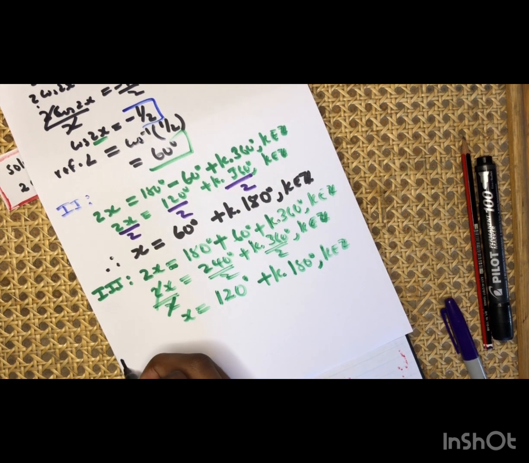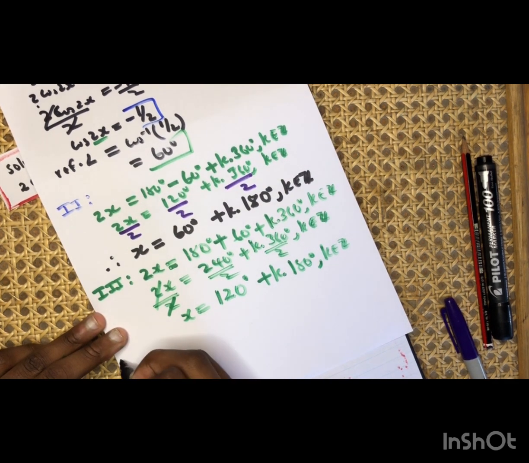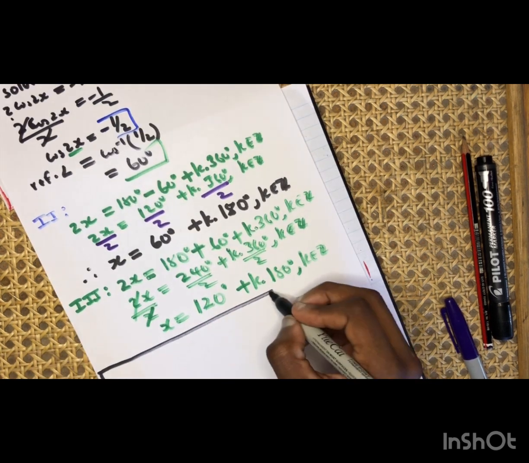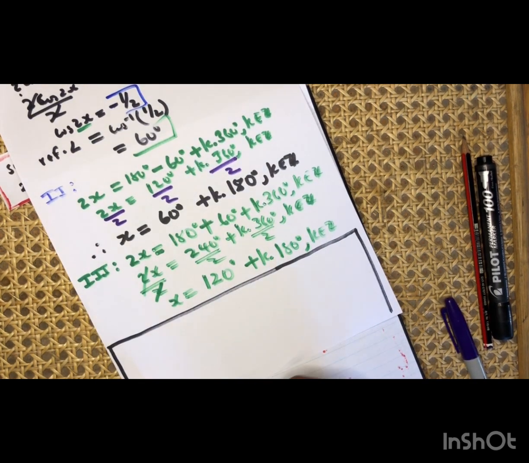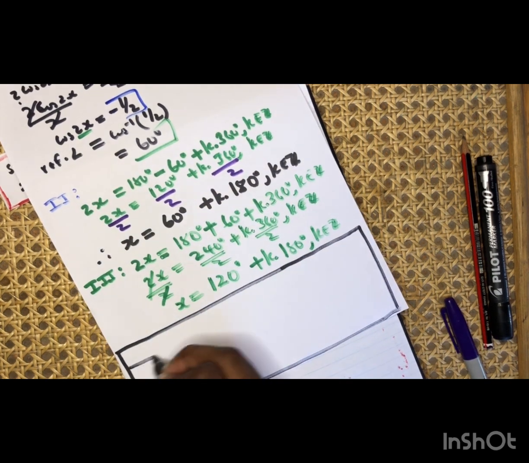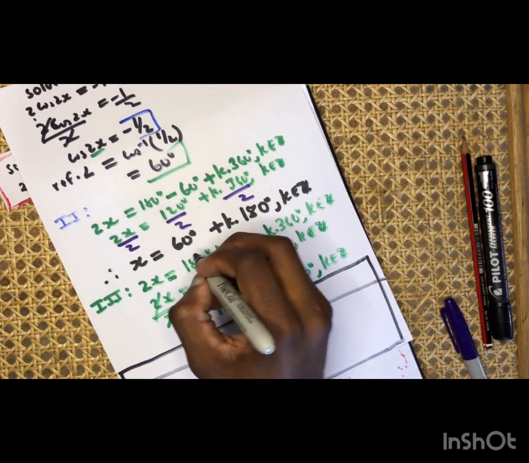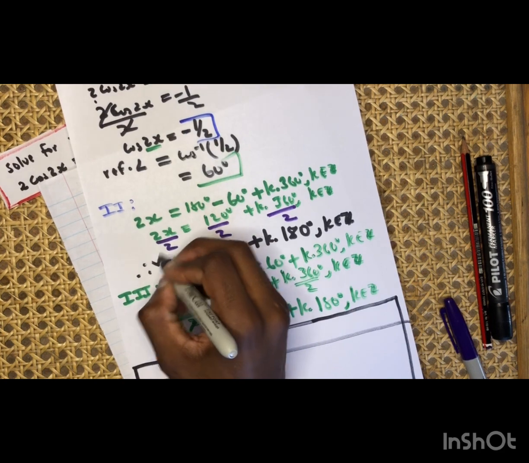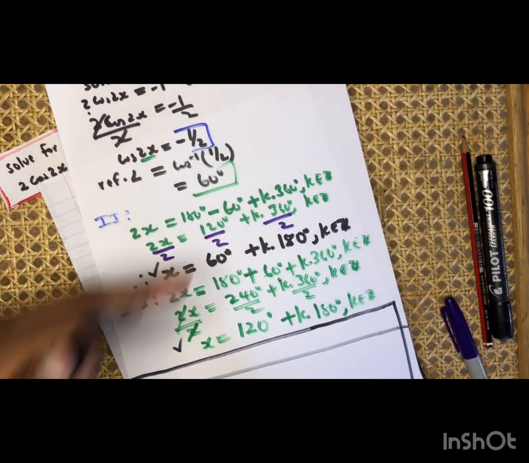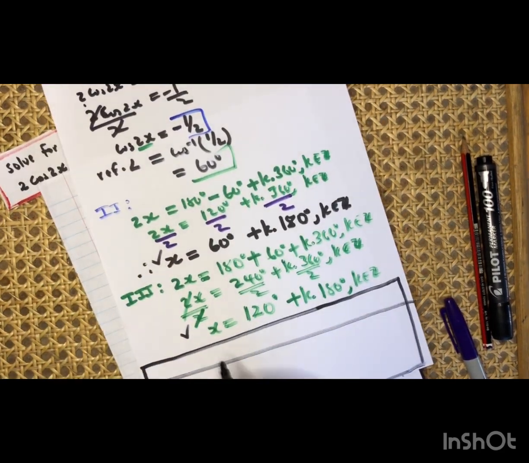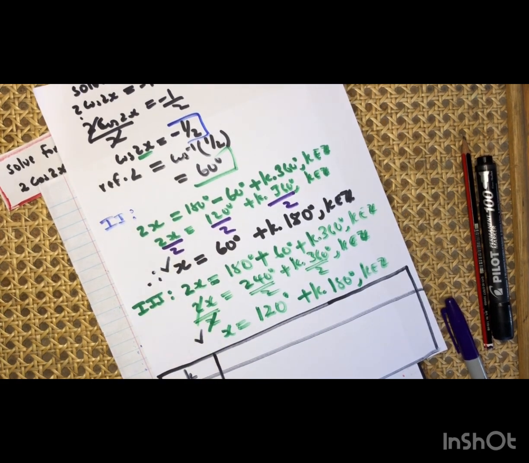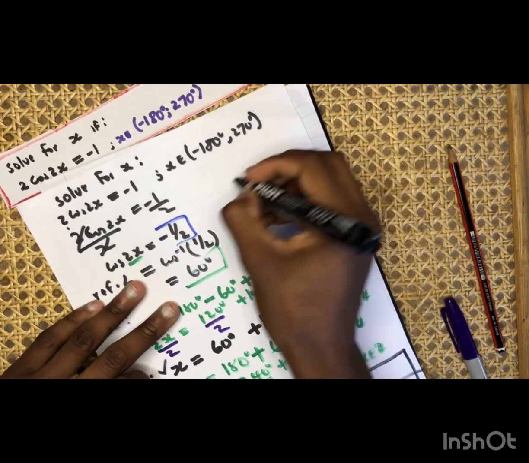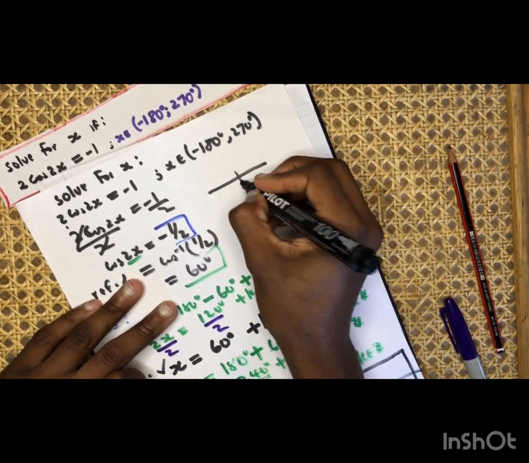I'm going to illustrate my table here, because I want to get the solutions. I'm going to use this solution and this solution, not the reference angle. So guys, I'm going to write k here. Remember your integers, guys: you have the positive integers and the negative integers.